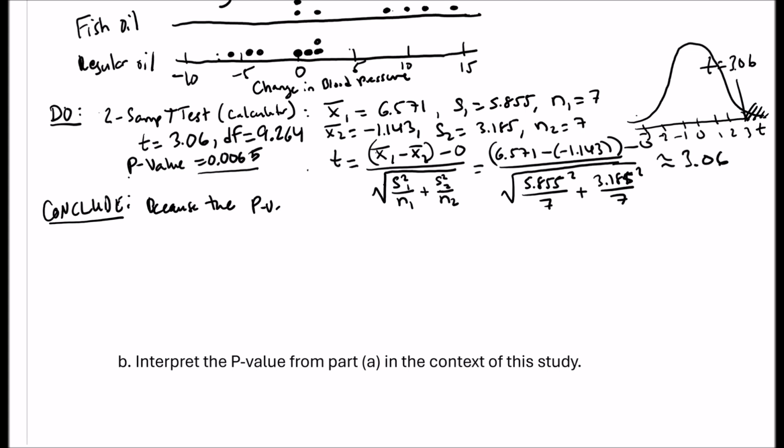All right, so we can go ahead and say because the p-value of 0.0065 is less than alpha equals 0.05, we reject H sub 0. We reject the null hypothesis.